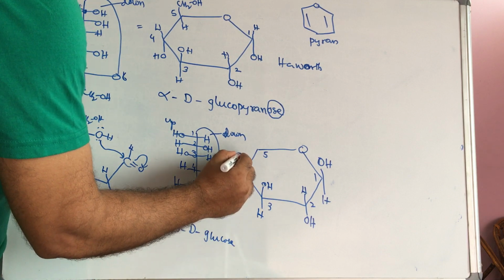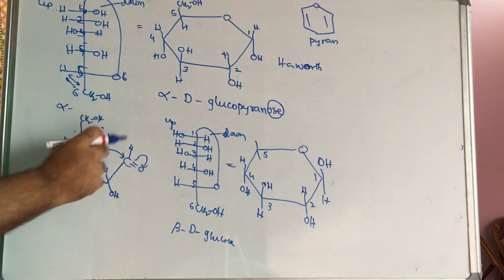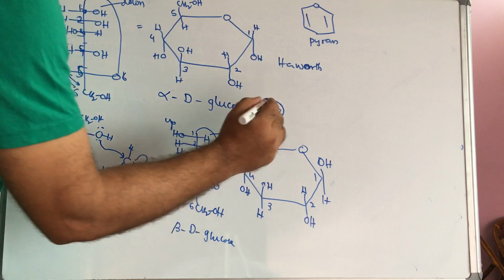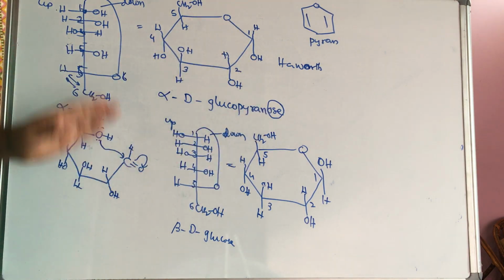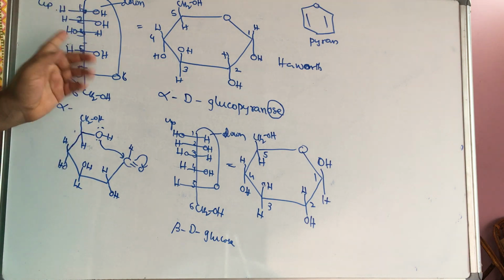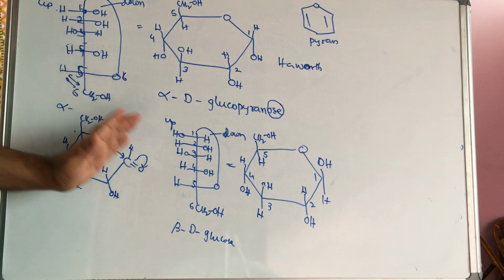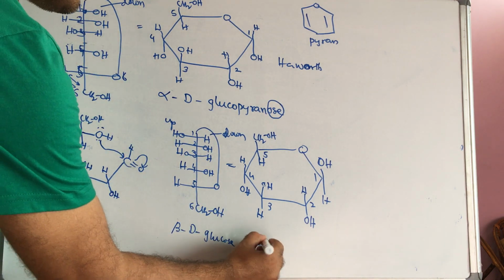Fourth position, H is up, OH is down. After this rotation, we will get CH2OH, H will be down. That's why keep in mind CH2OH is always up; in the cyclic form, right side groups in Fischer position are down, and left side groups in Fischer position are up. So this is called beta D.